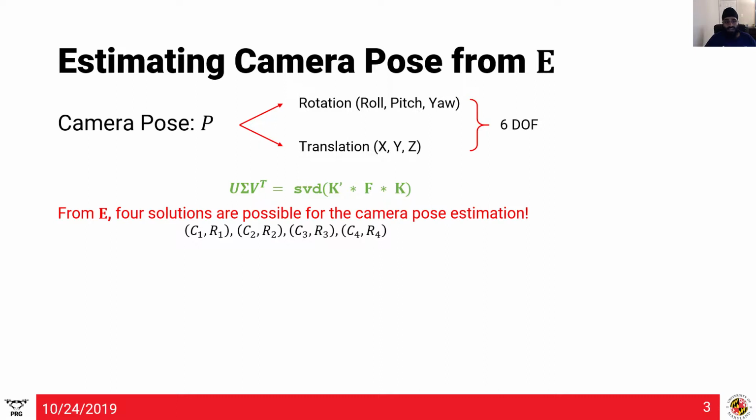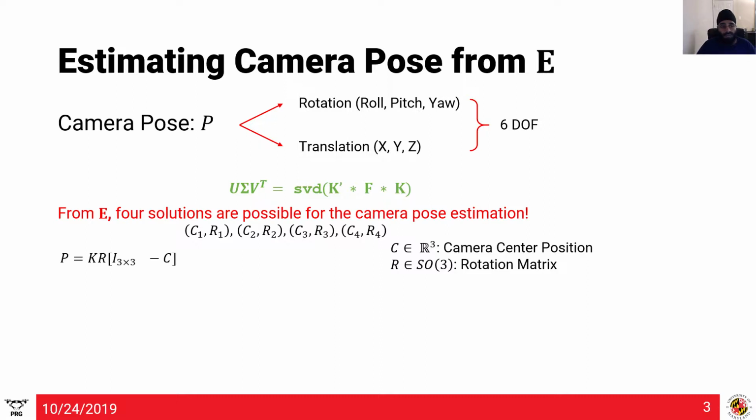C represents XYZ or translation, and R represents roll, pitch, yaw, rotation. R is a rotation matrix that belongs to SO(3). One more thing I want to add is that not every arbitrary 3x3 matrix can be an essential matrix for a pair of images.